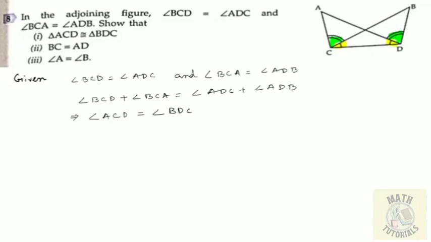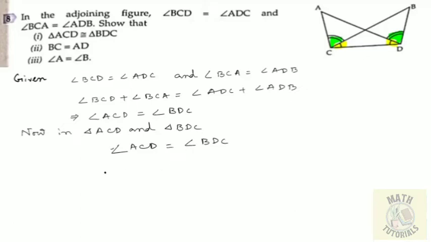Now in triangle ACD and triangle BDC, at first we write angle ACD is equal to angle BDC, this is already proved.